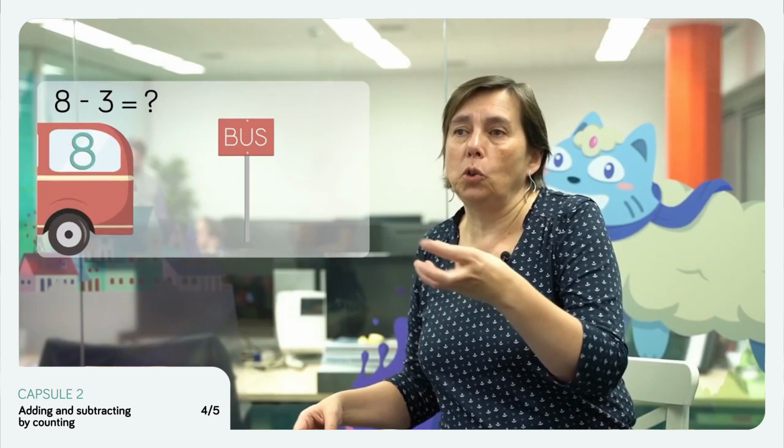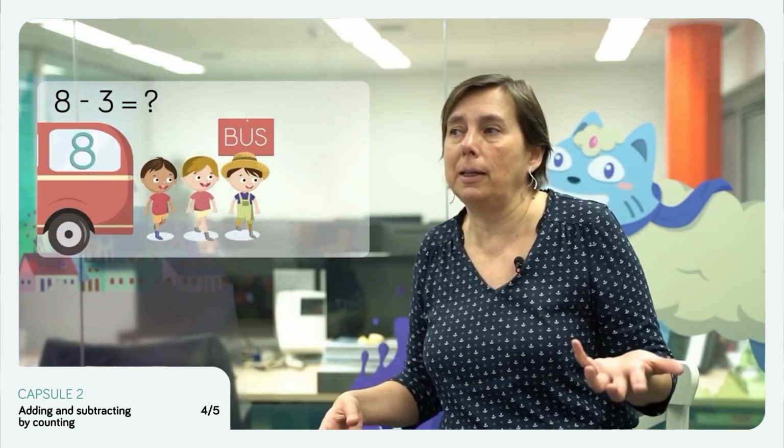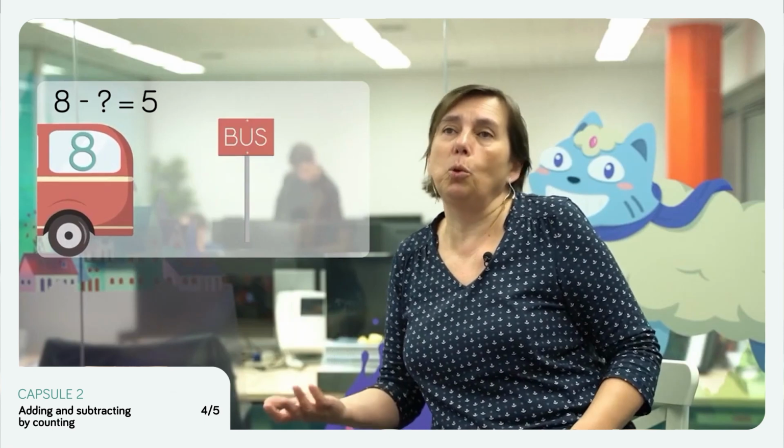The easiest thing is always to propose a context of decreasing change. A bus has 8 people, 3 people get off, how many are left? Or if I lack an initial number and have 8 minus something equals 5, a situation for this type of abstract calculation could be there are 8 people on a bus, some get off, now there are 5. How many people got off?